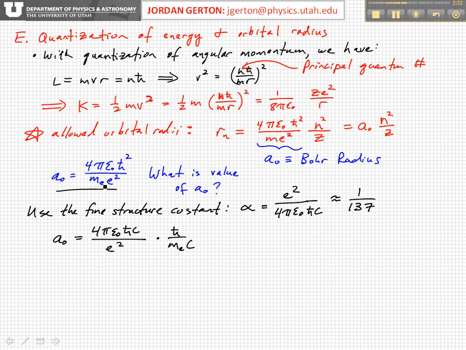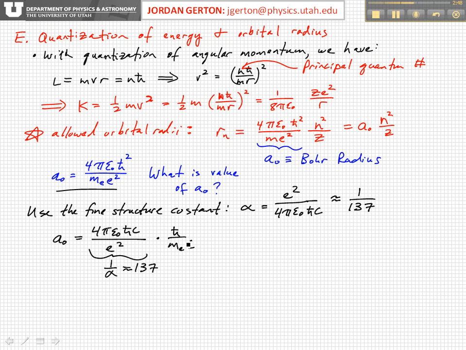I've explicitly written the subscript e on the mass of the electron to remind us that it's the electron mass, since that's what appears in the Bohr radius. And we recognize that this here is 1 over alpha, so it's about equal to 137.